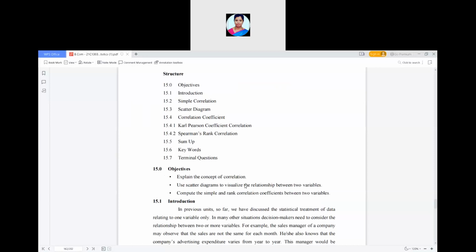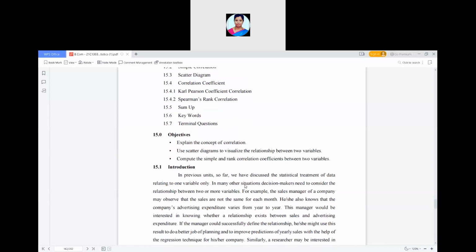In this unit, we are going to explain the concept of correlation, and using the scatter diagram, we are going to visualize the relationship between any two variables, and we are going to compute the simple and rank correlation coefficient between any two variables. So this is our objective.